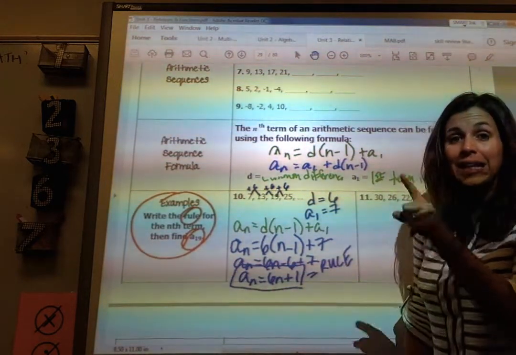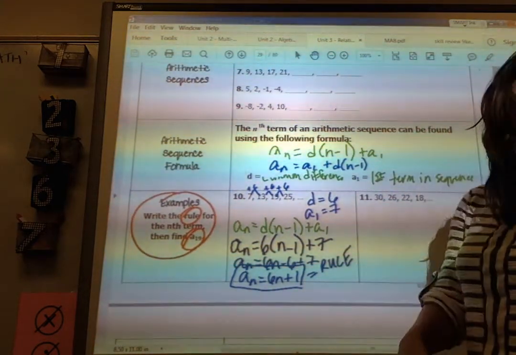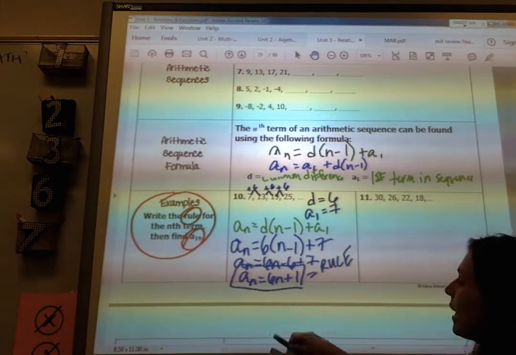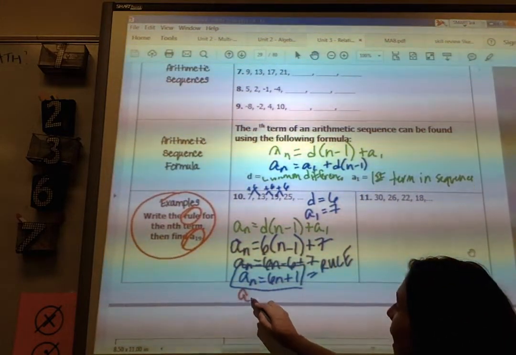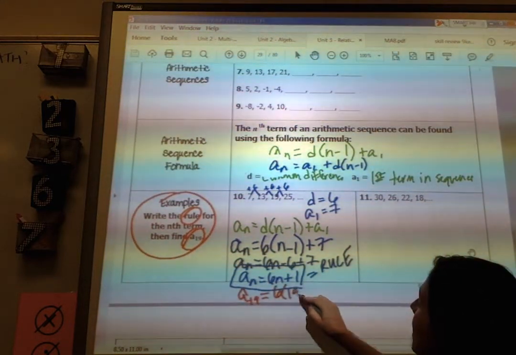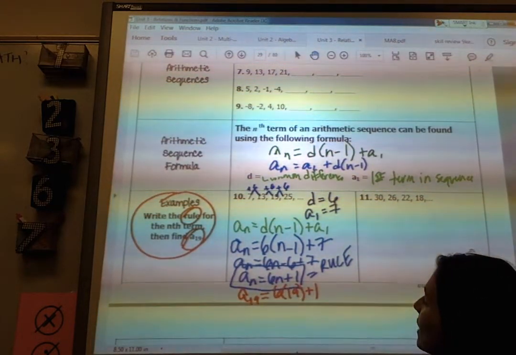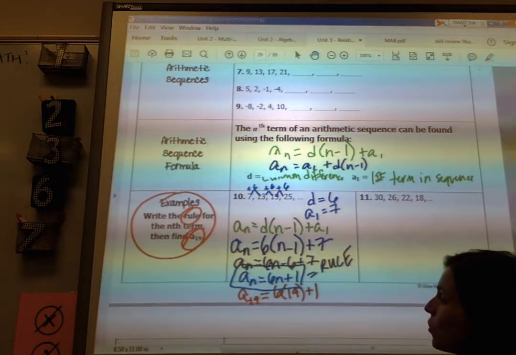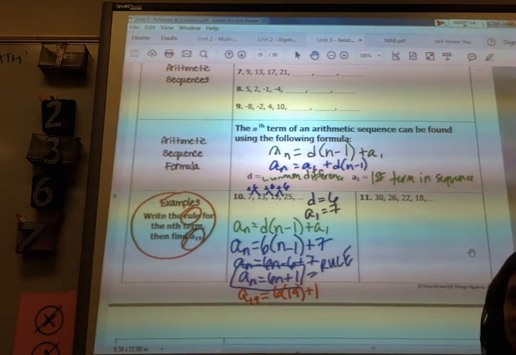Now, to find the 19th term, I'm going to plug in 19 for n. And I get, so a 19th is going to equal 6 times 19 plus 1. Well, 6 times 20 is 120, minus 6 is 114.